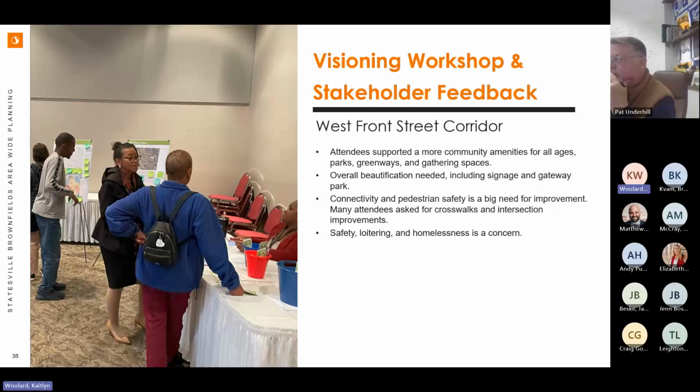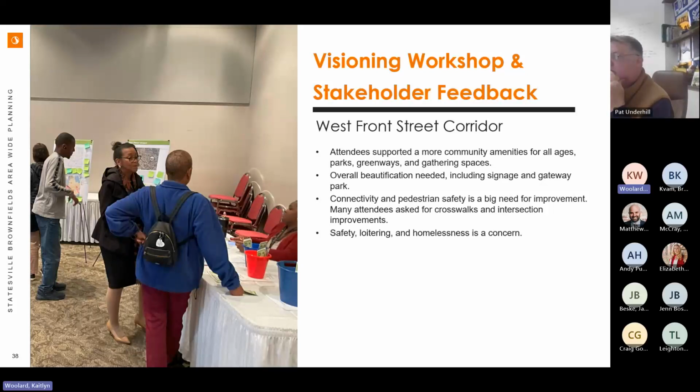Connectivity and pedestrian safety was huge. Big need for improvement. It was reinforced with our existing conditions analysis. I found it very striking, the lack of crosswalks or the condition of the sidewalks even if they did exist. And then hearing from the community about people making cut-throughs, walking down rail corridors, riding their bikes across the middle of intersections of a 5-way intersection.